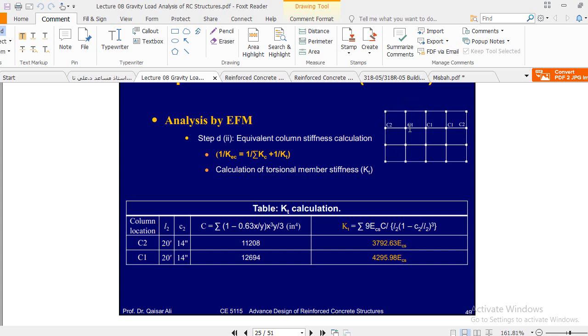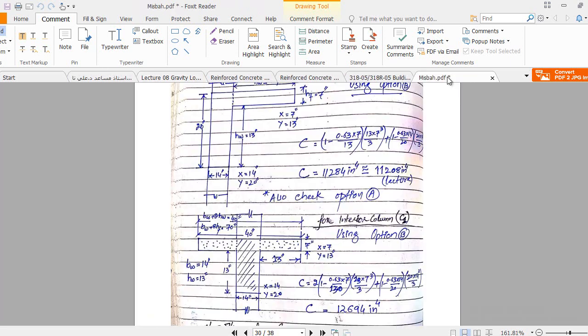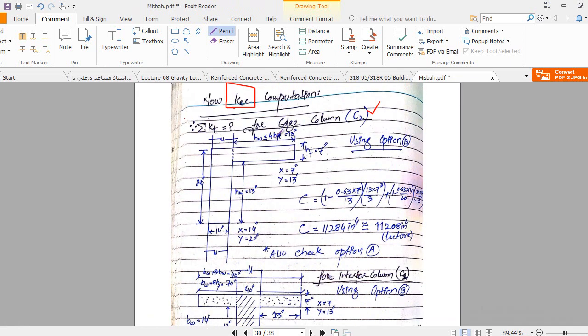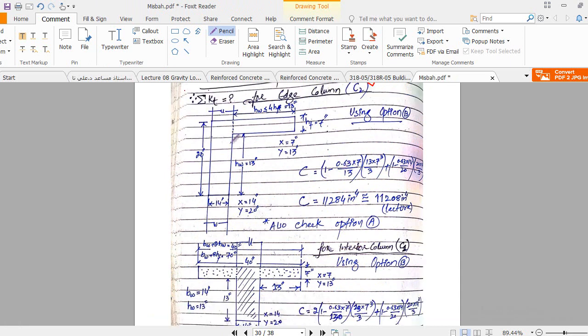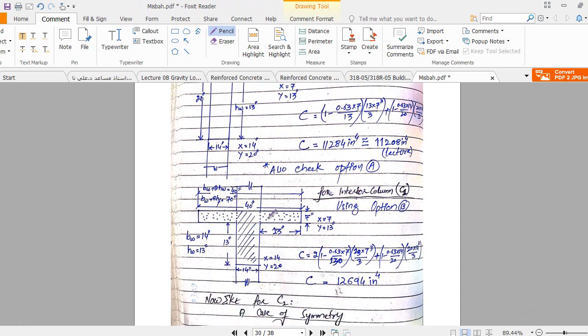So we need to use the T shape for this C1 and the L section for this C2, and from that we will calculate the value of C. How to calculate a C value, I already uploaded in lecture number 1. Go there and find out how to calculate the value of C in case of an L section and in case of a T section.